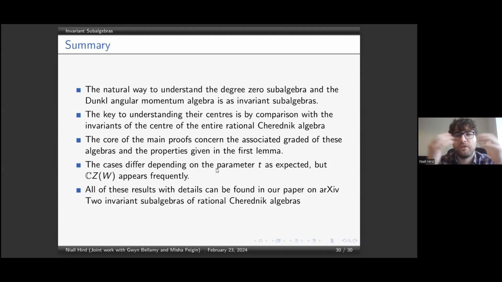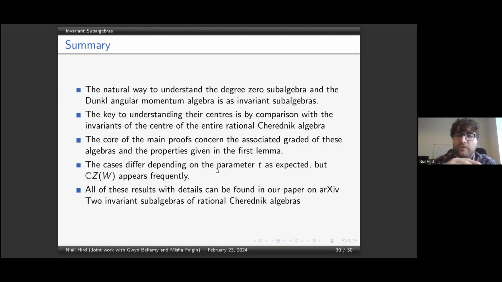Okay, so in summary, the degree 0 subalgebra and the Dunkl angular momentum algebra are interesting objects, and maybe not always, but certainly for our purposes, it was much easier and more natural to think of them as subalgebras, as invariant subalgebras under the action of a reductive subgroup of SL2.